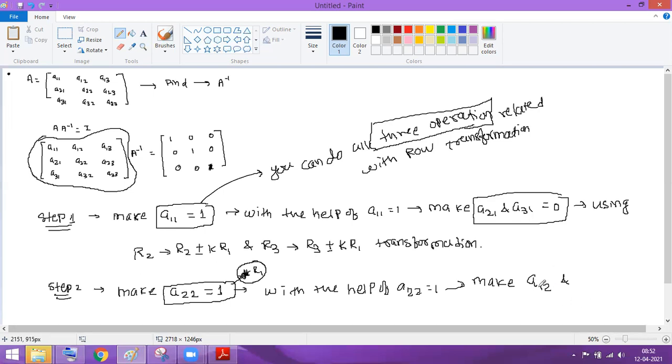So make A12, A32 equal to 0, A31 equal to 0 using which operation? What do we need? We need the elements of R1 to be 0.